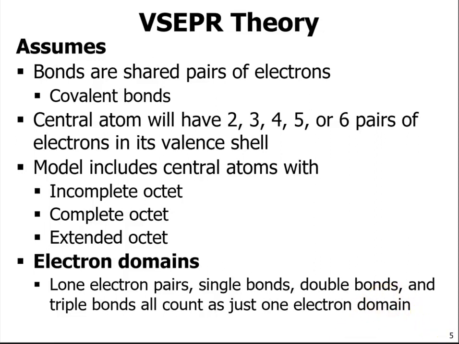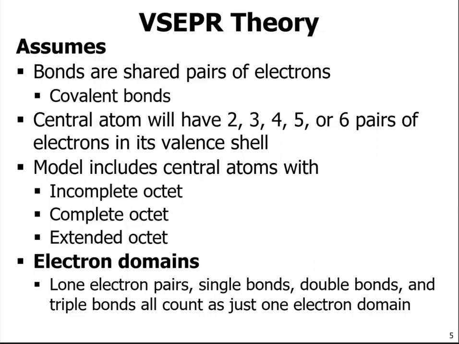The models include a central atom that will have an incomplete octet, which, like we were talking about in the last section, means we have to add electrons from other atoms to fill those octets. They could have complete octets or extended octets, if we want to go beyond 4 bonds to 5 or 6 pairs of electrons.